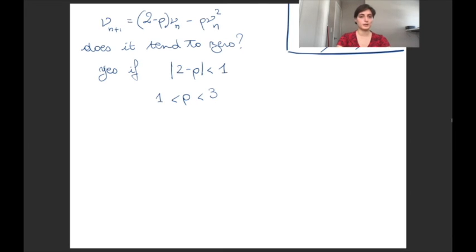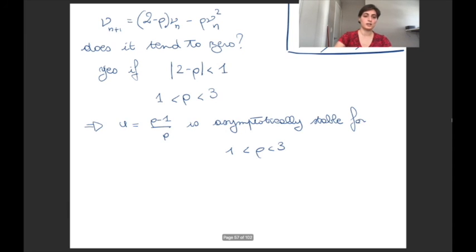Well, we have studied this already, and yes, it does tend to 0 for the absolute value of 2 minus rho strictly smaller than 1. It's the same structure as we did before. So rho needs to be between 1 and 3 in order for our error to tend to 0. That means that rho minus 1 divided by rho is asymptotically stable, but only for rho between 1 and 3.